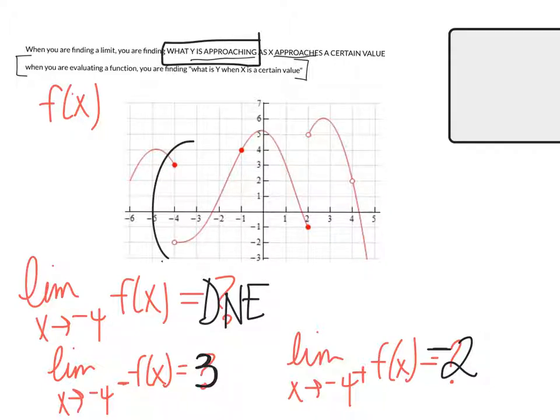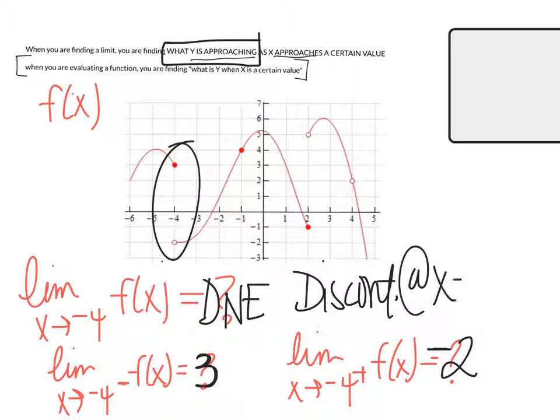So you can see here visually that the function is discontinuous. f of x is discontinuous at x equals -4. It has a jump discontinuity at x equals -4. But what is f of -4? That's a completely different question than the ones we were looking at below. f of -4 is that ordered pair right there. f of -4 is 3.